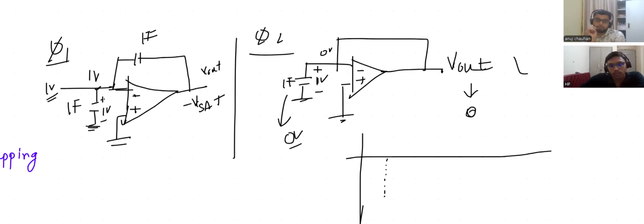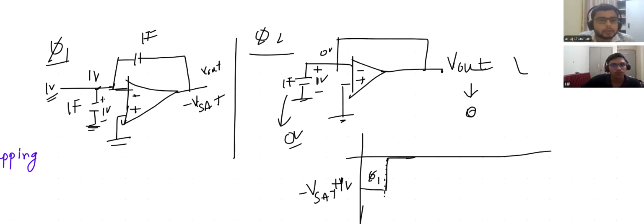During this phase my output is minus V set plus 1. I'm assuming this is phase 1, and during the next phase my output voltage is 0. What is minus V set plus what? Plus 1 volt.